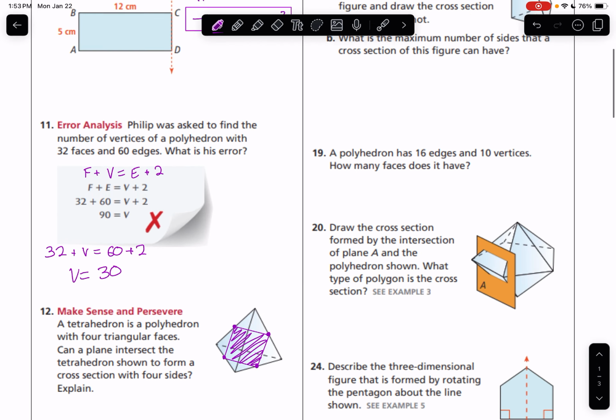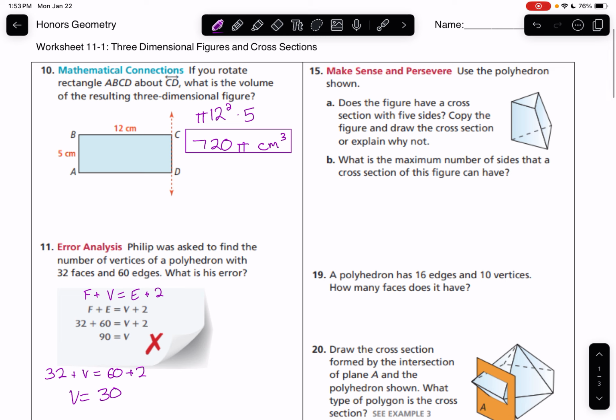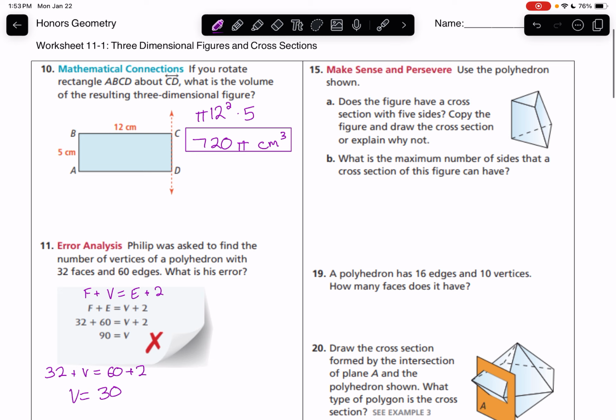Number 15, does the figure have a cross-section with 5 sides? Draw the cross-section or explain why not. There are cross-sections with 5 sides in here. I can draw one to kind of explain or show you. If I put a dot on each of those sides, dot on this side, and maybe this side or this side. You can basically put a dot on whatever side you want and create the shape that you're looking for.